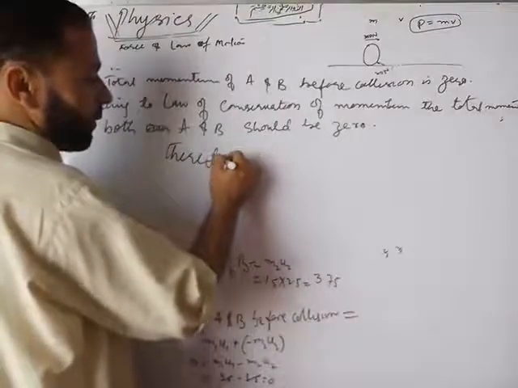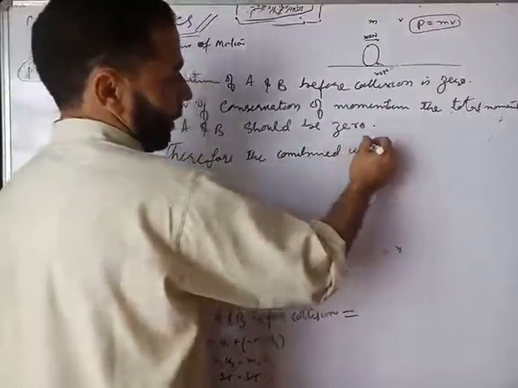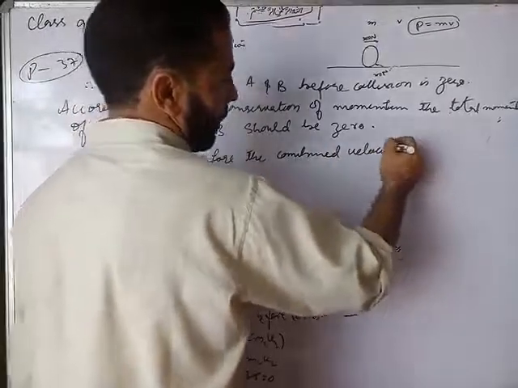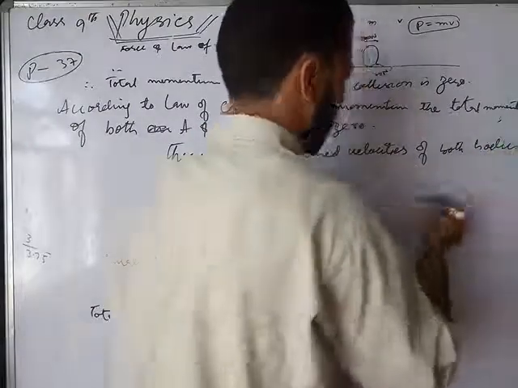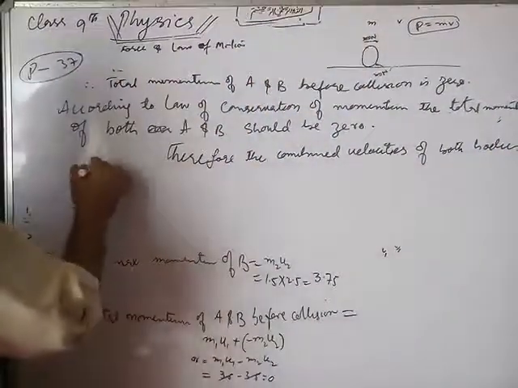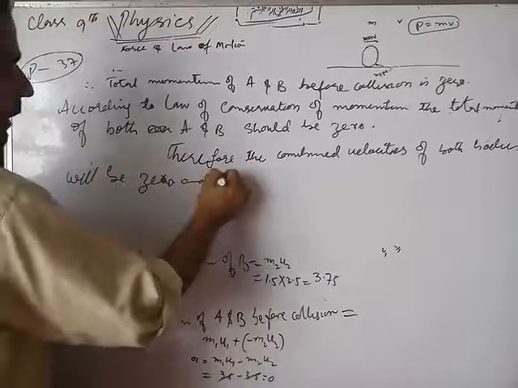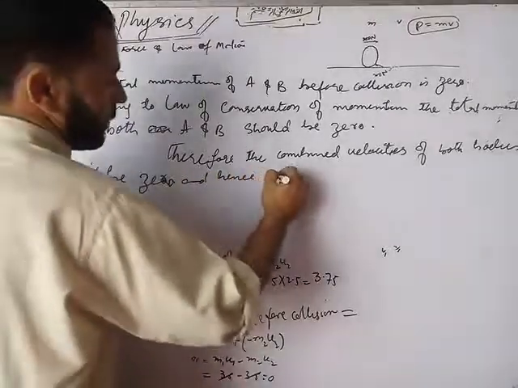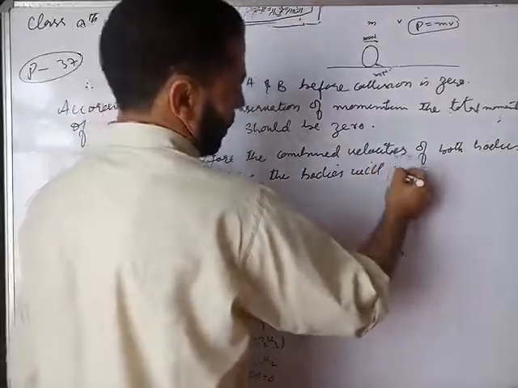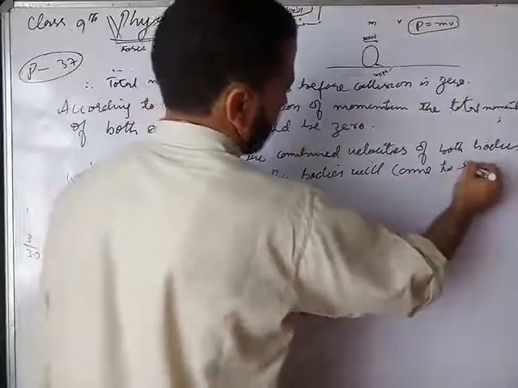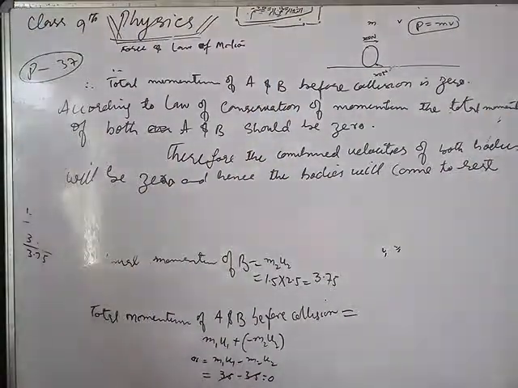Therefore the combined velocities of both bodies will be 0 and hence the bodies will come to rest. Is clear? When velocity is 0 that means they will come to rest.